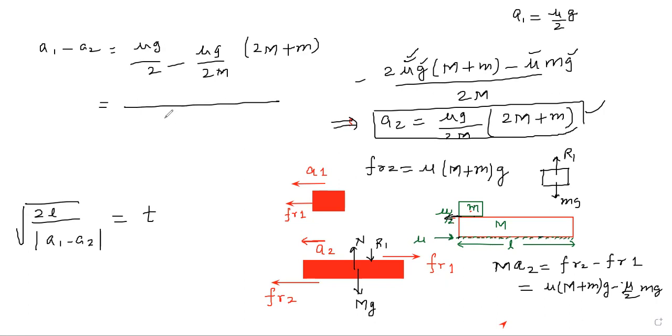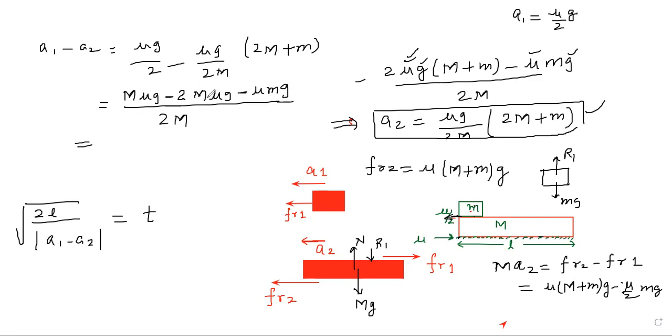If we take the LCM, it would be 2M, then capital M mu g minus 2 capital M mu g minus mu small m g.